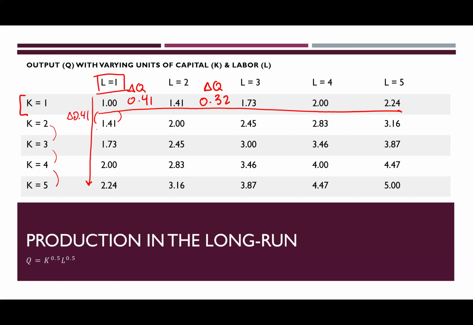Again, if we jump from 2 capital goods to 3, now we have again a change in output of 0.32. Okay, so again, the same. That's not always going to be the case, but it is in this example. They're symmetric. All right, so you can see again that diminishing marginal product in this case of capital. As capital grows, the amount of output that increases with those capital goods falls.